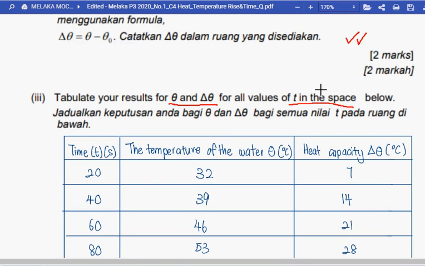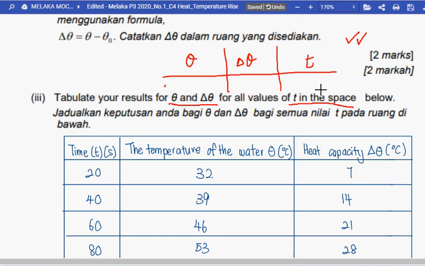So some students might do like this. They just follow the sequence. Tabulate your result for theta, then delta theta, then t. If you write like this, it is wrong in terms of the sequence. Why?